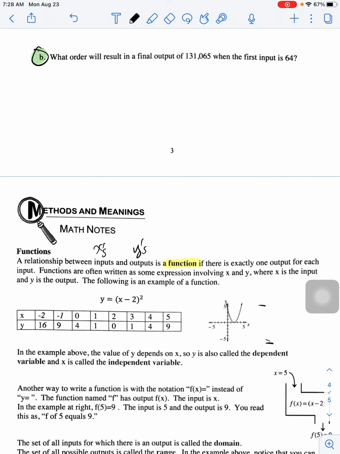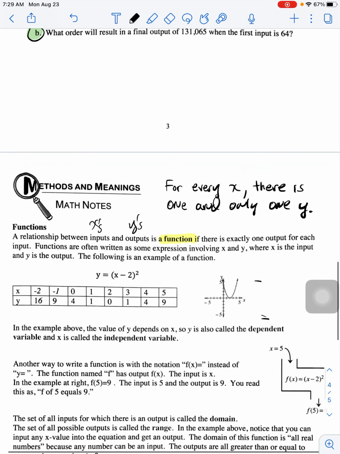Another way that they word that is for every x there is one and only one y. Functions are often written as some expression involving x and y, where x is the input and y is the output. I already mentioned that. And then the following is an example of a function.